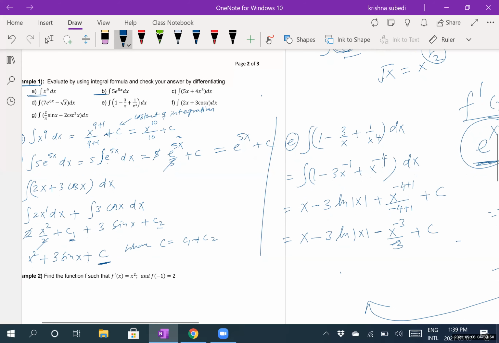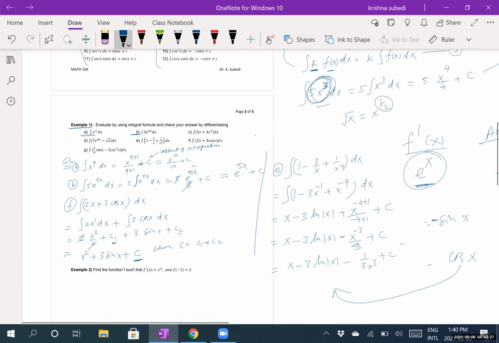You can leave it like that, but generally speaking, the mathematical convention is that if there is a negative power, we tend to convert it into positive. You don't have to do it, but it is always good to do this.